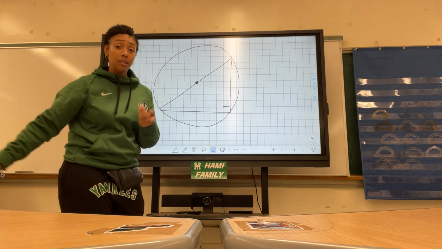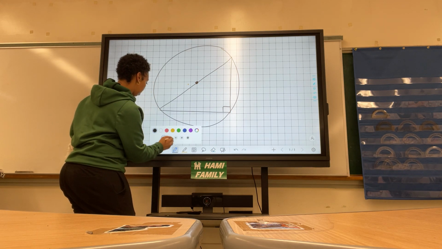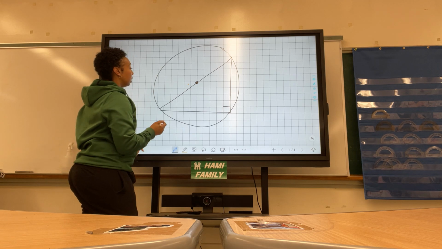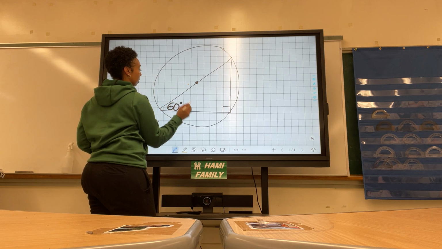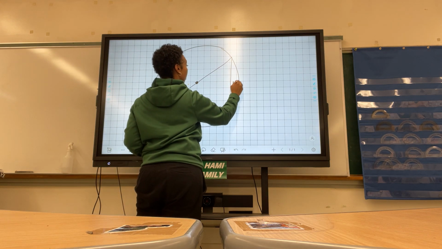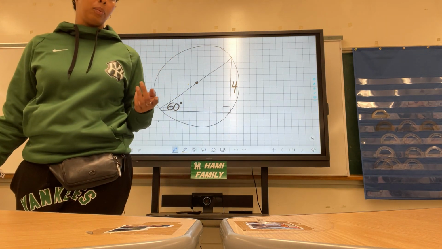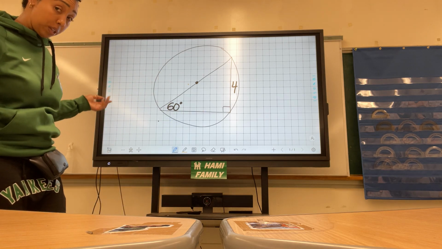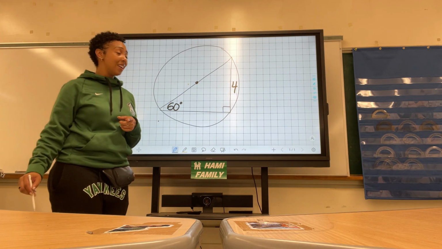All right, so let's say now, let's make this thicker so you can see. Let's say now we know that this is 60 degrees and that this is 4. How am I going to figure out my hypotenuse, which happens to also be my diameter? It's pretty simple because, again, you know triangles.